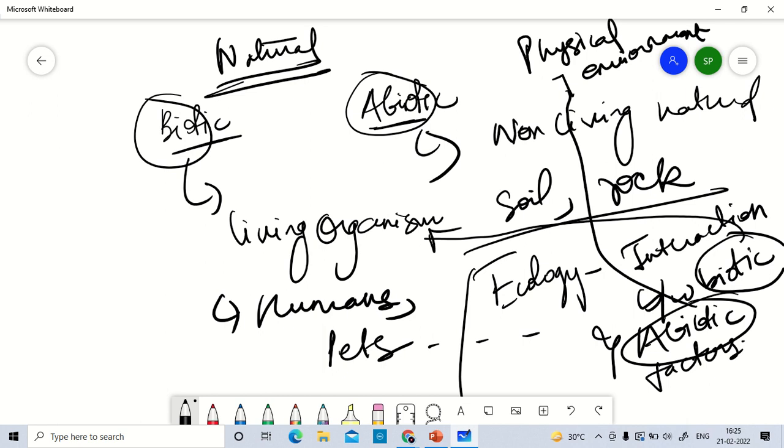Ecology at the organismic level is essentially physiological ecology, which tries to understand how different organisms are adapted to their environments in terms of not only survival but also reproduction. You can highlight this.